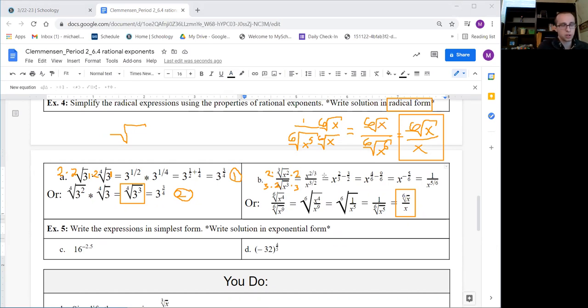Are there any questions on B, on that final answer, before we move on to example 5? Give you a little bit of time to think it over.